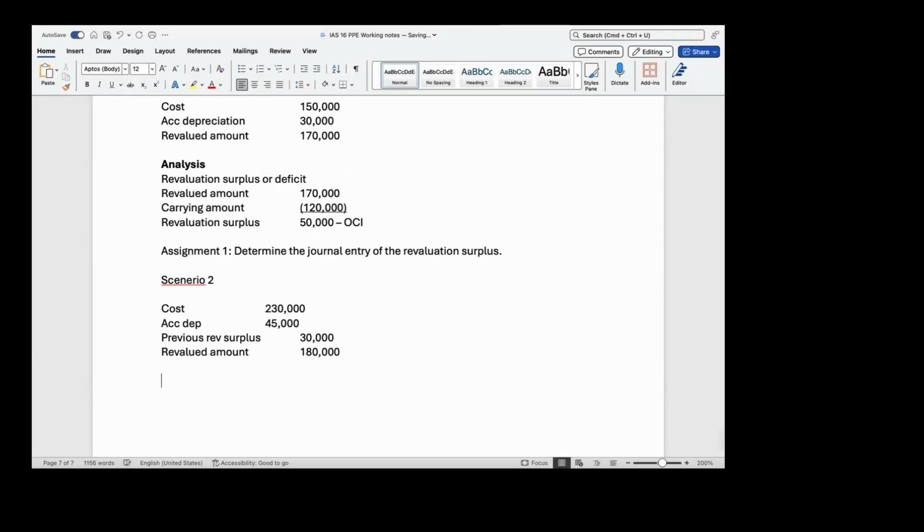In this case, if you want to analyze this, you will need to determine our revaluation surplus, or deficit.